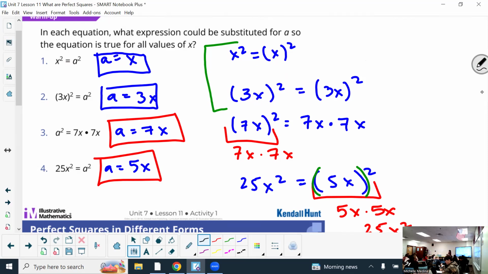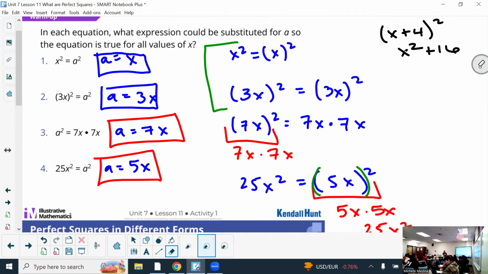But if it's an expression like this, and it's squared, you can't just distribute it in that case. So if it's plus or minus in the parentheses, you can't just look at this and say that it's x squared plus 16, because it's not. You have to do x plus 4 times x plus 4, and then you end up getting a trinomial.